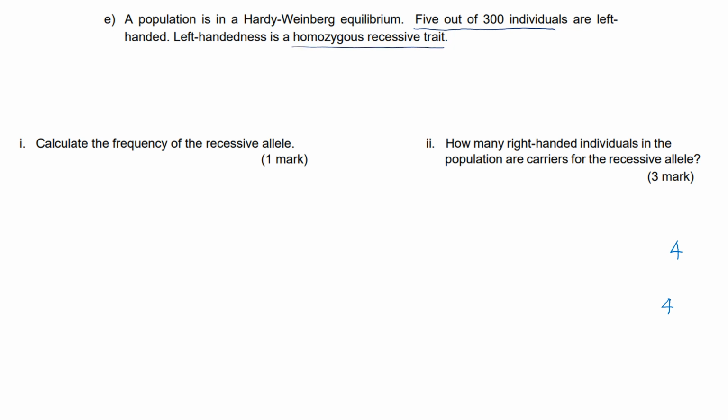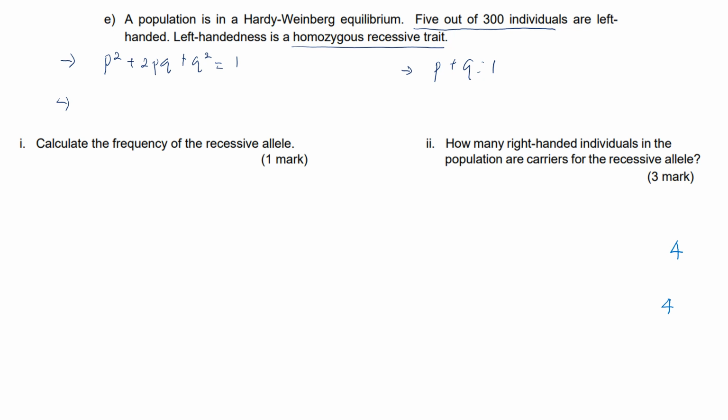For this type of question, you have to apply two formulas. The first formula is p squared plus 2pq plus q squared equals 1. And another formula is p plus q equals 1.